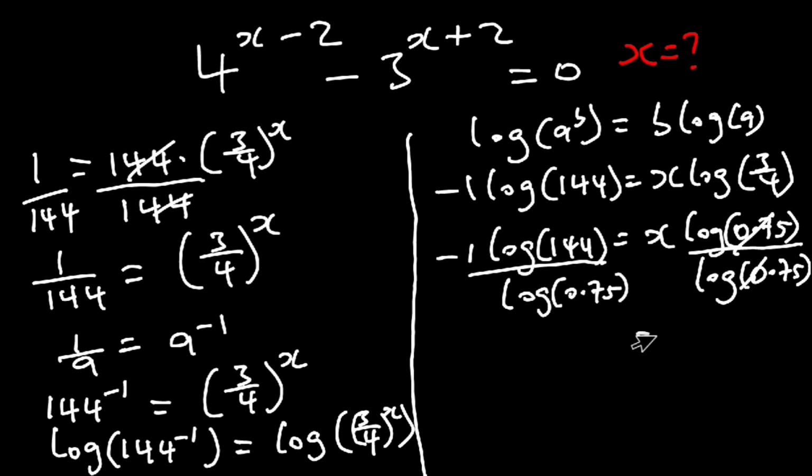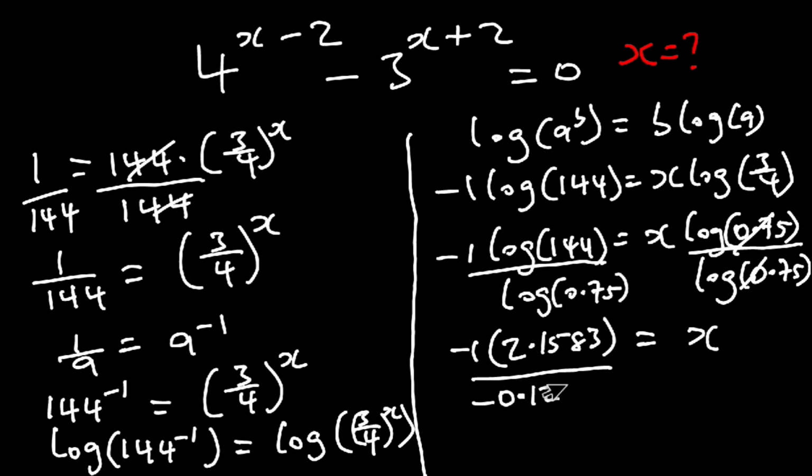Then we'll be left with x equals minus 1 multiplied by log 144, which is 2.1583. Always keep your answers at 4 decimal places. So we have divided by log 0.75, which is minus 0.1249. Now this minus 1 and this minus will cancel.